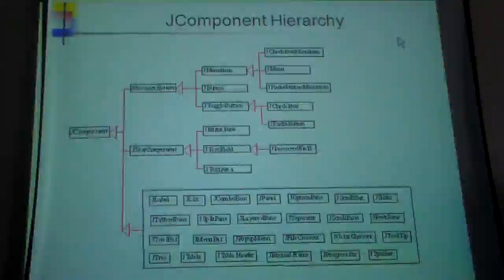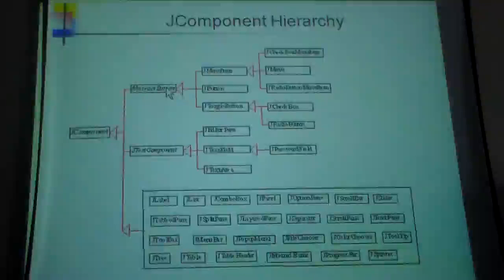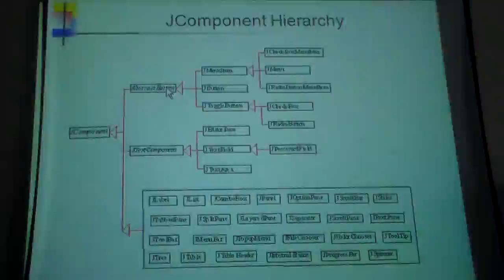So this JComponent hierarchy, we say, means he wants to show you just the hierarchy for the JComponent, and these are the classes or components which inherit from JComponent. You see abstract, and we know what abstract means. Abstract, we can't instantiate this.